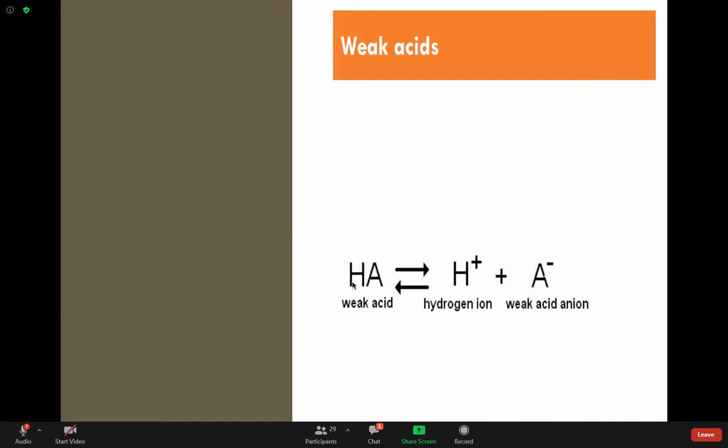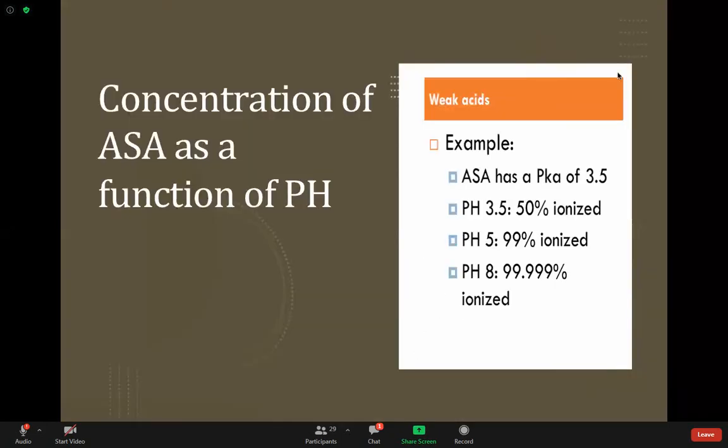Here it is non-ionized, it doesn't have a charge, it can cross membranes. Here it is ionized, it has a charge, it has a big hat, it cannot cross membranes. Okay, just simple. If you have a hat, if you have a charge, you cannot cross membranes, we get rid of you.